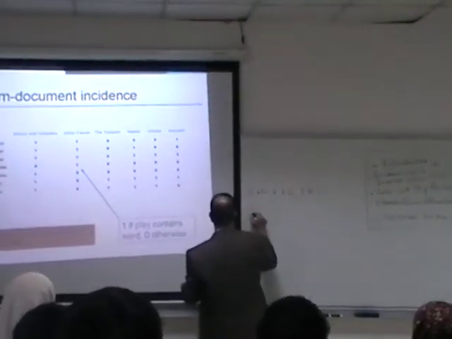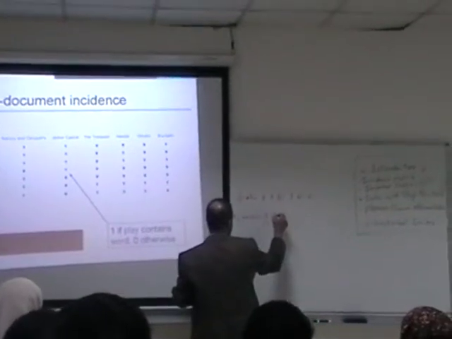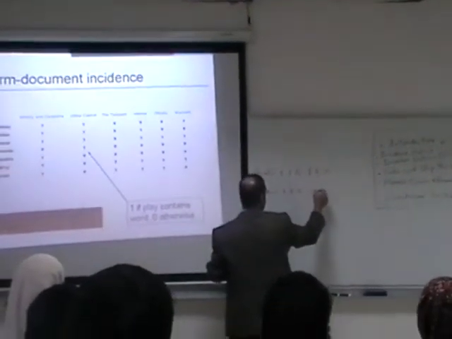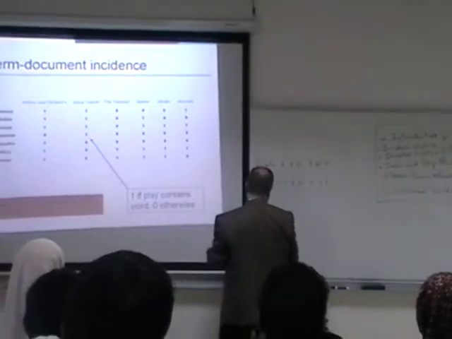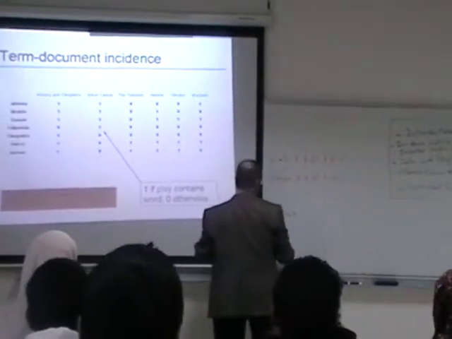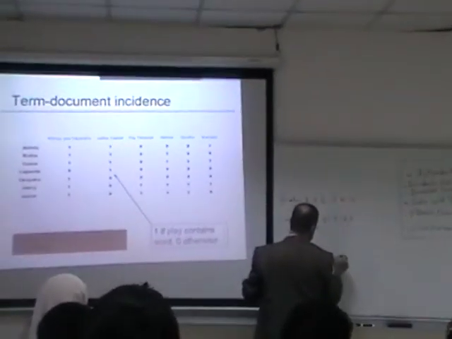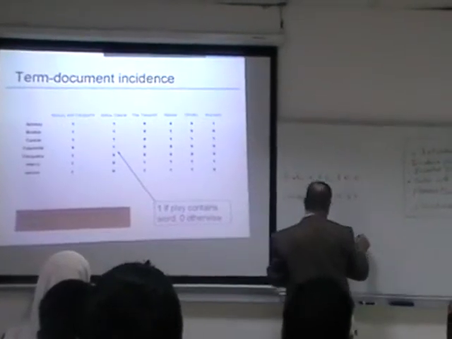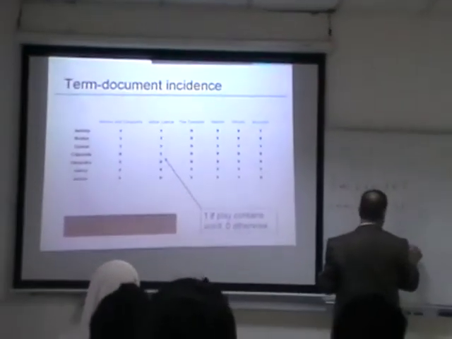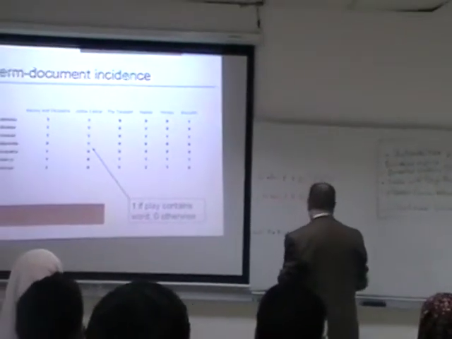And the other one is Caesar, 110111. And then and not Calpurnia. What is Calpurnia? It is 010000.